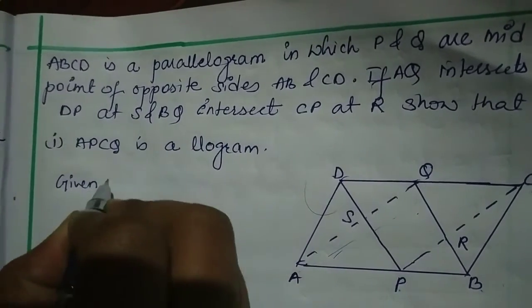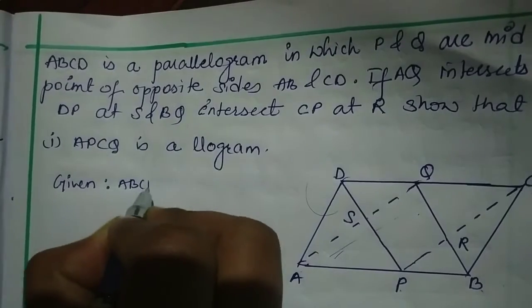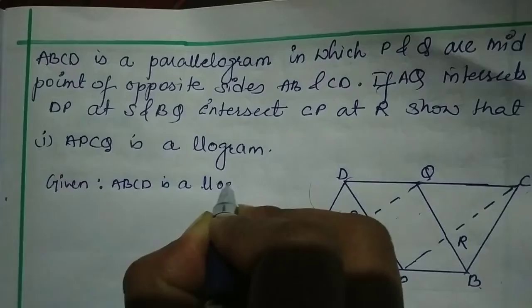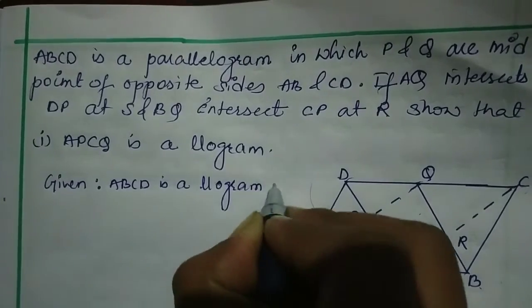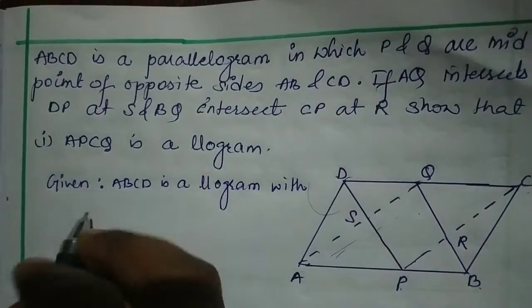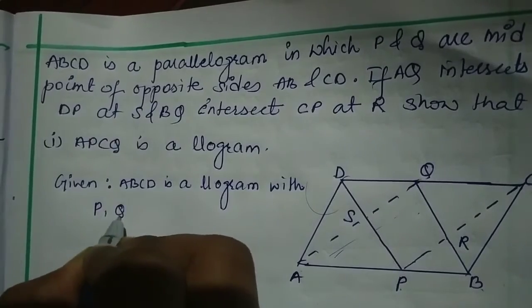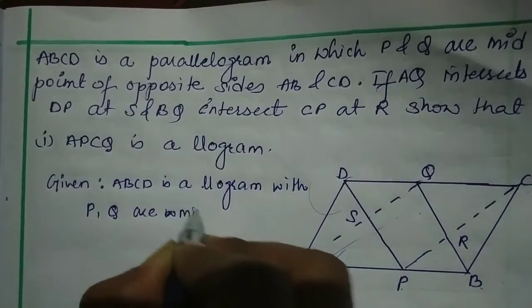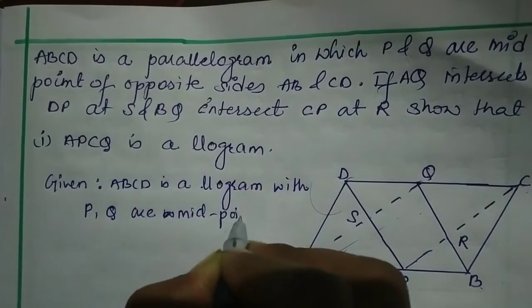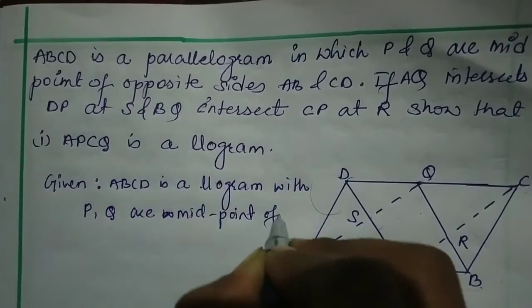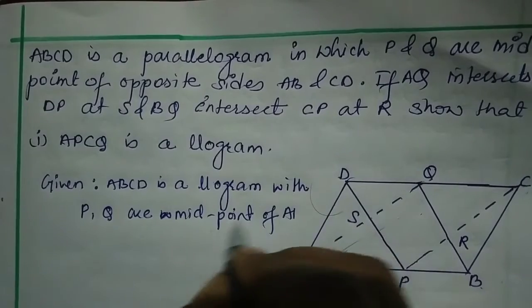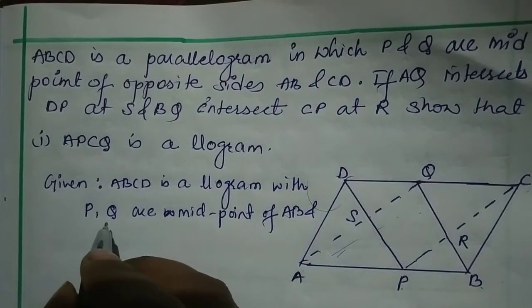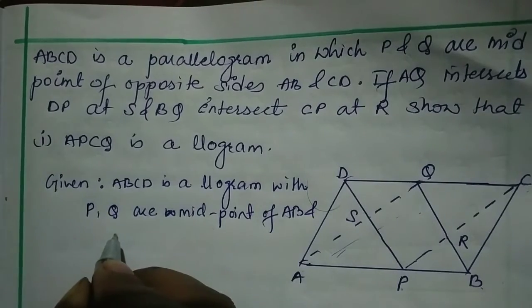Given: ABCD is a parallelogram with P and Q as midpoints of AB and CD.